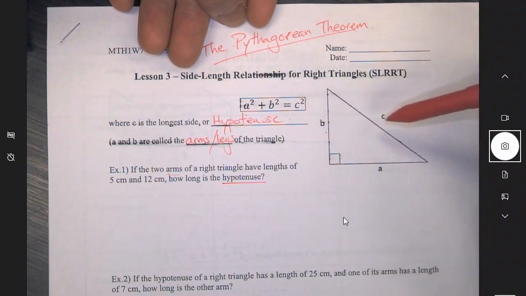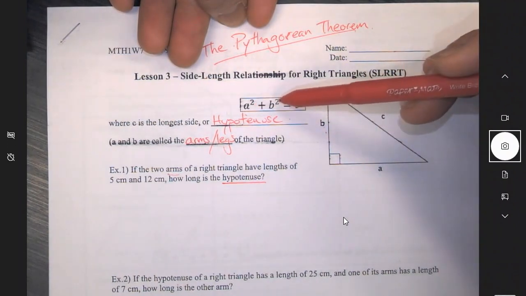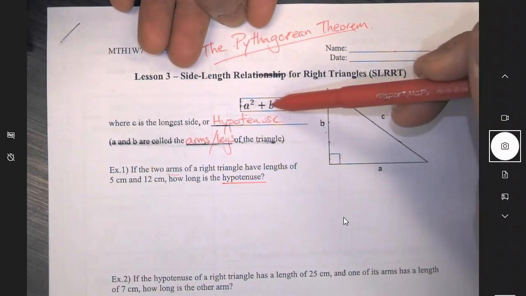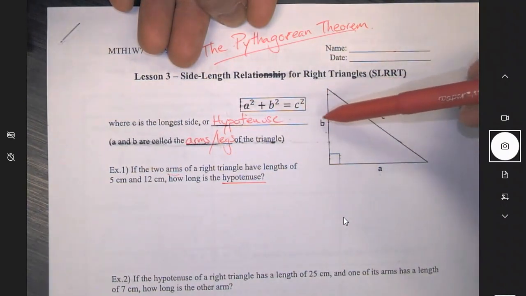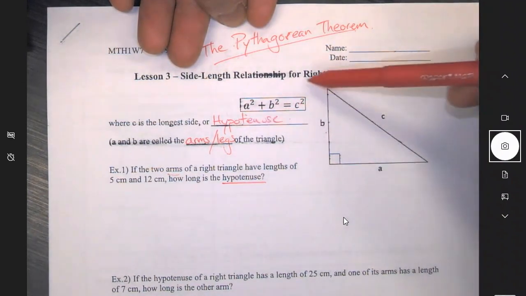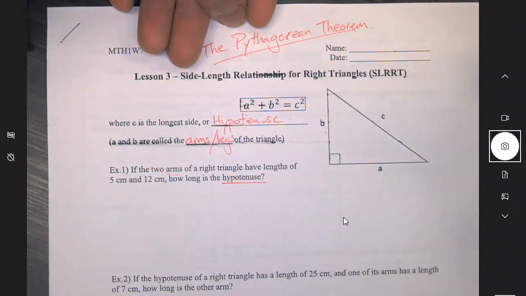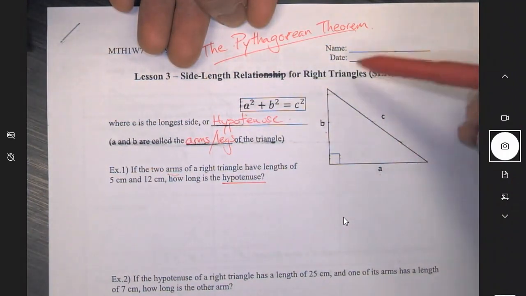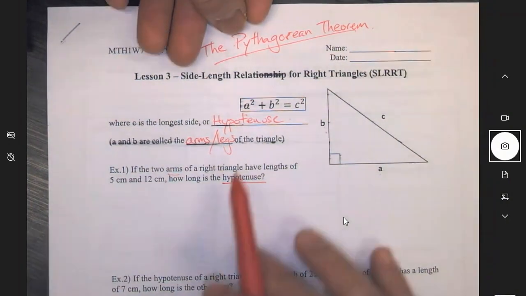As long as you have a and b, or a and c, or b and c, two out of three sides, you can use this relationship to find the length of the third side. This is quite important.